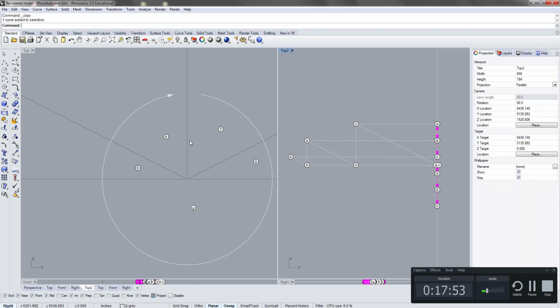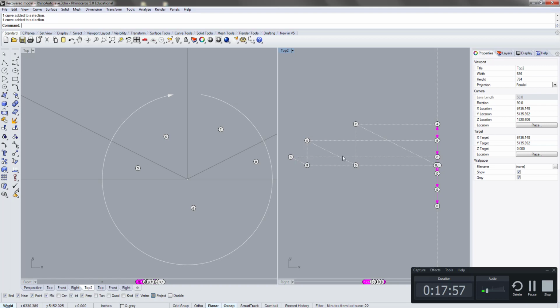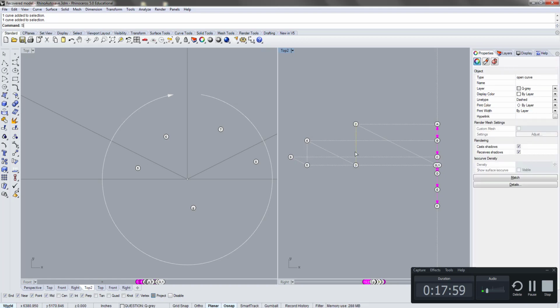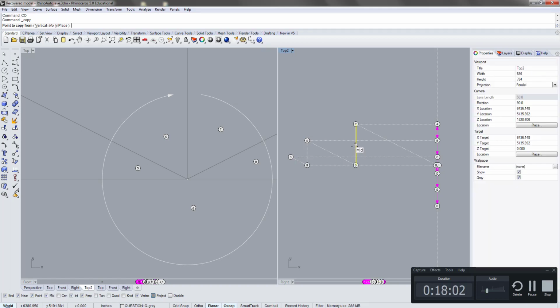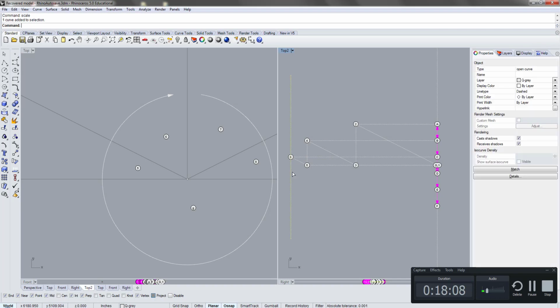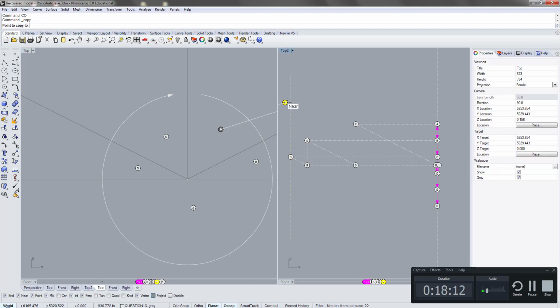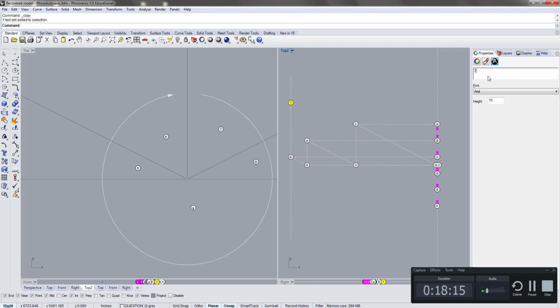And 5, 6 is this, so we've done that. 6, 7, we haven't identified those yet. So we are going to assume that it's a vertical line and 7 to be somewhere along this vertical line.